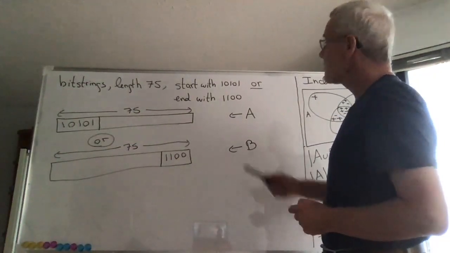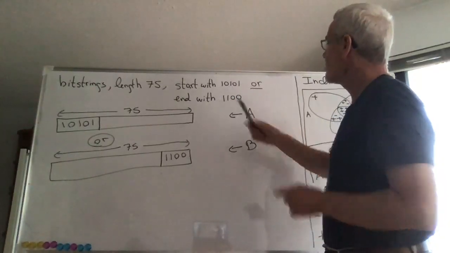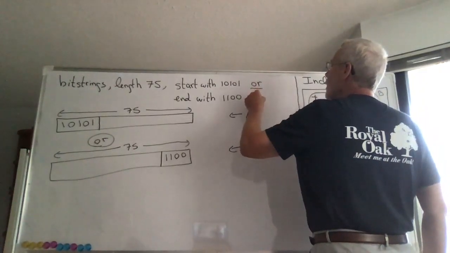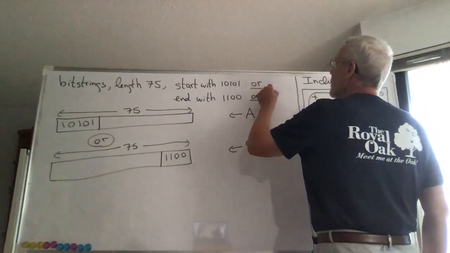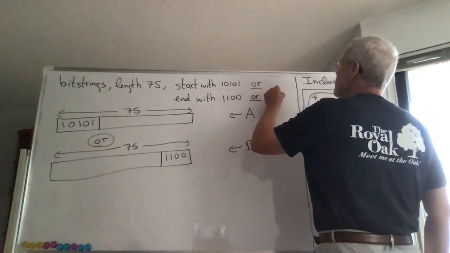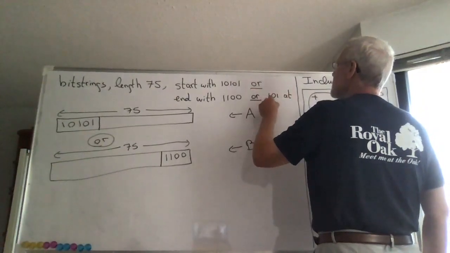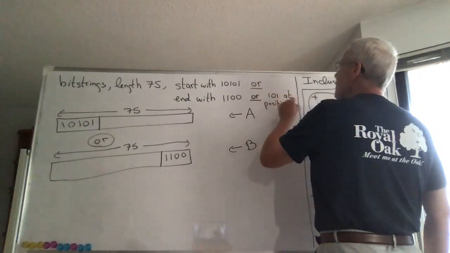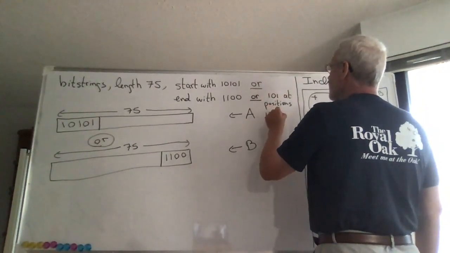They should still start with 10101 or end with 1100, or they have 101 at positions 13, 14, 15.